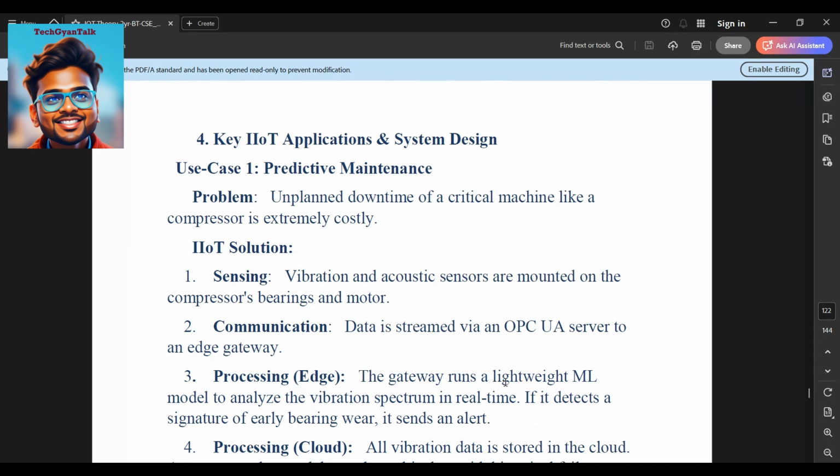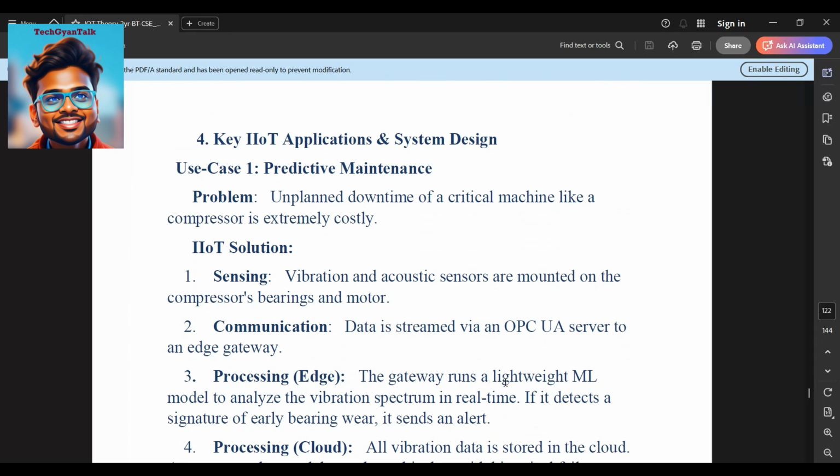Key IIoT applications and system design. Use case one, predictive maintenance. The problem: unplanned downtime of a critical machine like a compressor is extremely costly. IoT solution, sensing: vibration and acoustic sensors are mounted on the compressors, bearings, and motor.